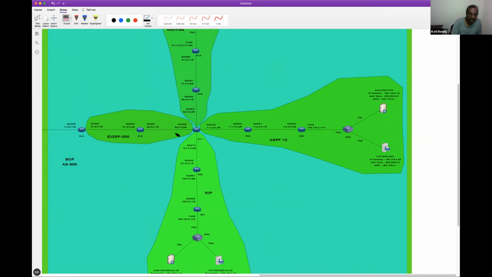So the EIGRP AS number is what? 300. So let us go to R15 and configure the EIGRP 300 routing on this particular router. How do you do that? I go to R15 and I should enable EIGRP only on this 81 network here. It's serial 0/0/1.